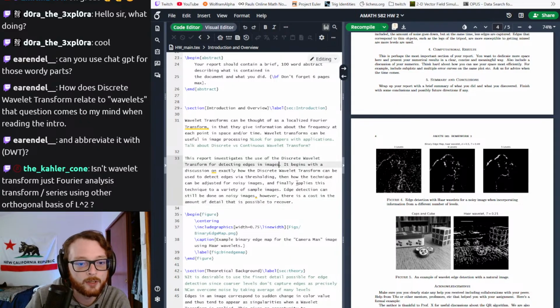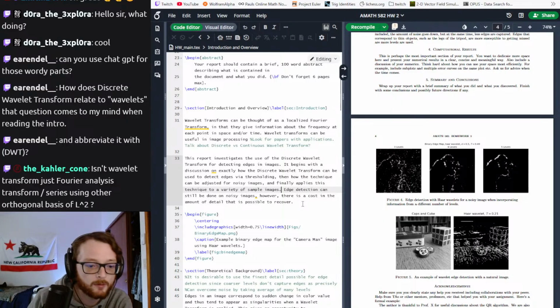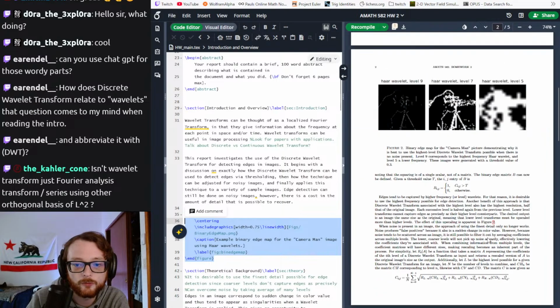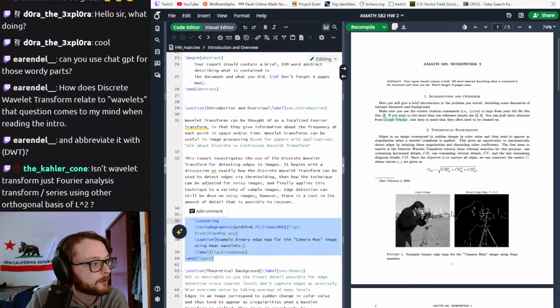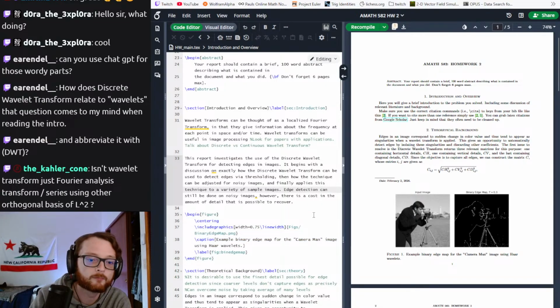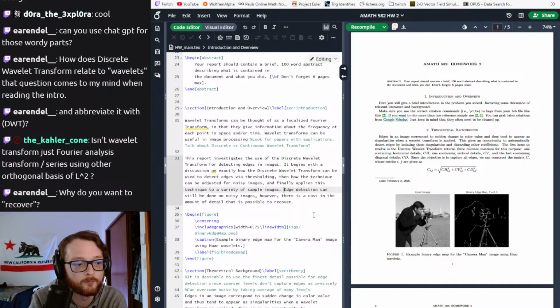Images, actually, I want to include a reference to this figure, which is this figure here. Why do I want to recover?